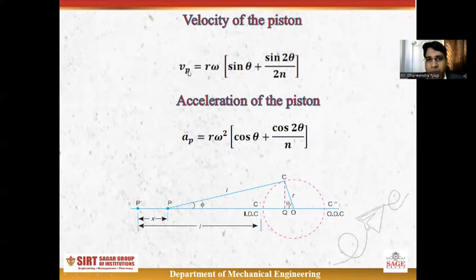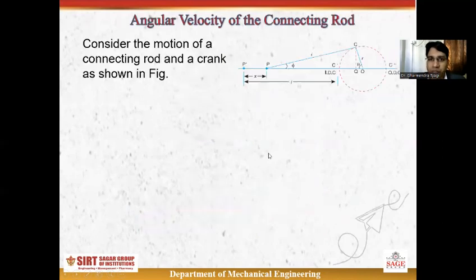Vp equals r omega (sine theta plus sine 2 theta upon 2n), and Ap, the acceleration of the piston, equals r omega square (cos theta plus cos 2 theta upon n). Now we will discuss the angular velocity of the connecting rod, and after this, the angular acceleration. First of all, we will start with the angular velocity.